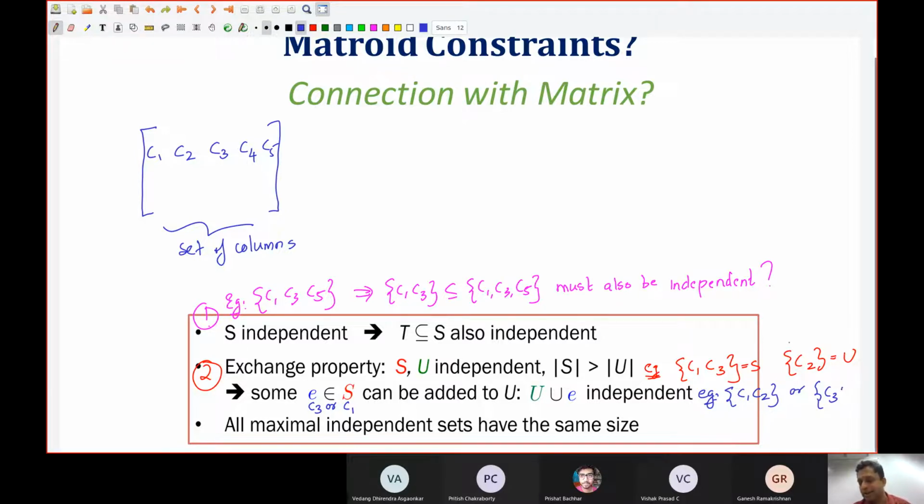You can verify this. It is intuitive, but might not be easy to prove. For matrices, if I have a smaller set of linearly independent columns and a larger set of linearly independent columns, all we are saying is that I should be able to add some element from the larger set to the smaller set and still have independence. You can prove this using linear algebra, not very difficult.